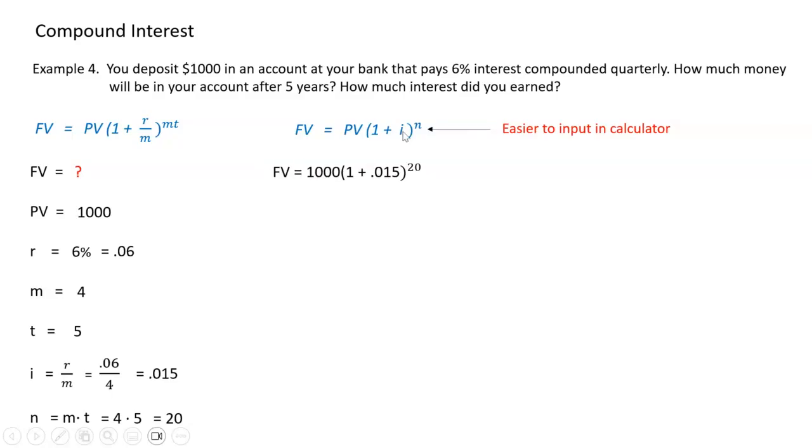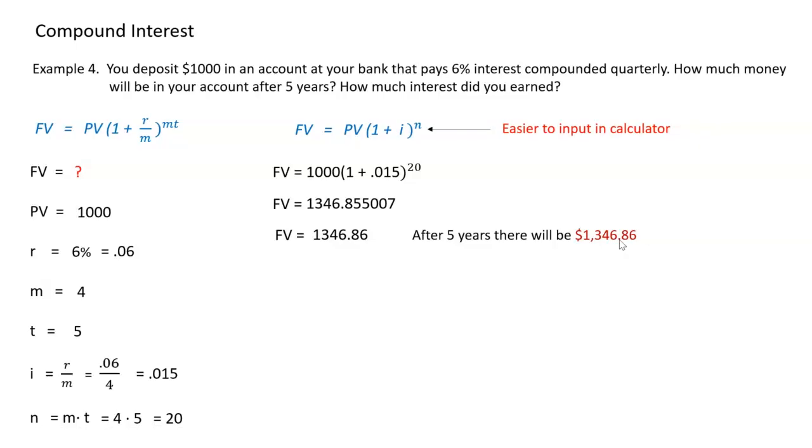You see, there's my present value, there's my I, 0.015, and the N is 20. So just put it in the calculator, guys, and we're going to get $1,346.86, because we're rounding to the nearest penny. So this is the value that will be in the account after 5 years, $1,346.86. That's the answer for the first part.